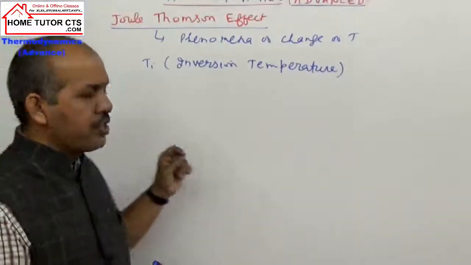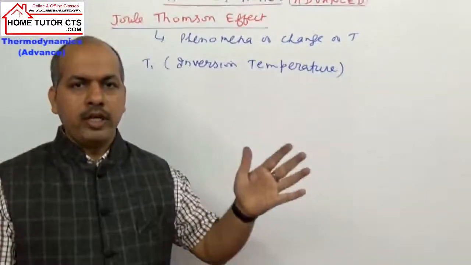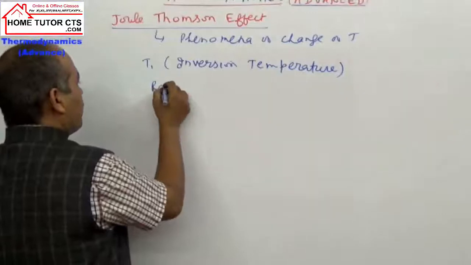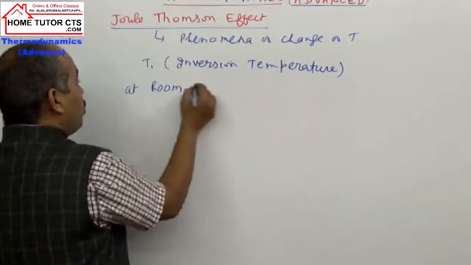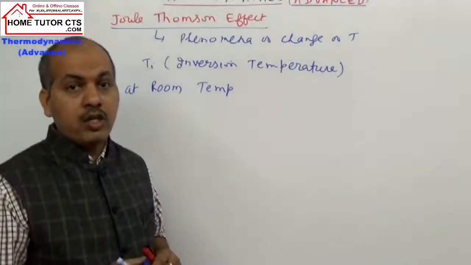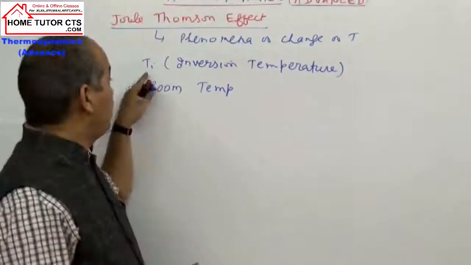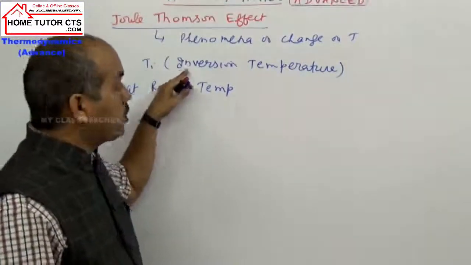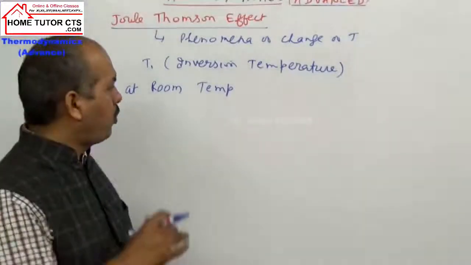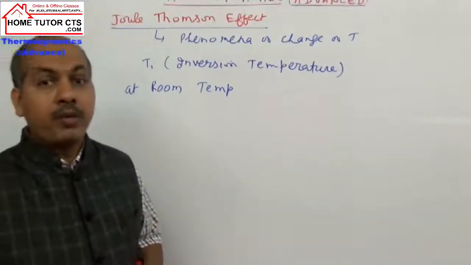See, what is actually observed is that at room temperature most of the gases will show cooling on expansion. Why? Because they have an inversion temperature Ti more than room temperature. So for that reason, the majority of the gases will show cooling on expansion at room temperature.